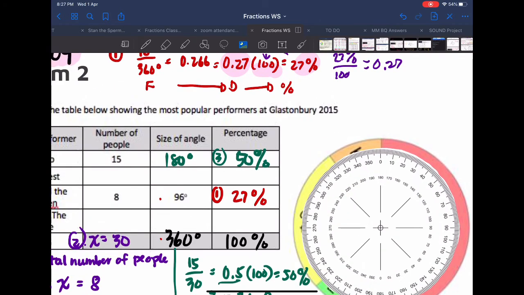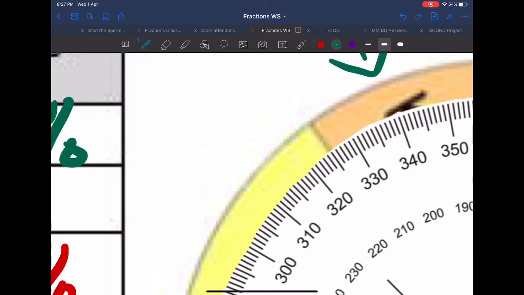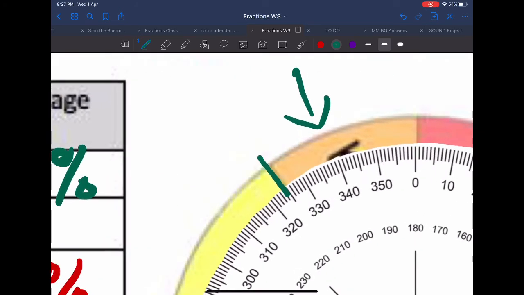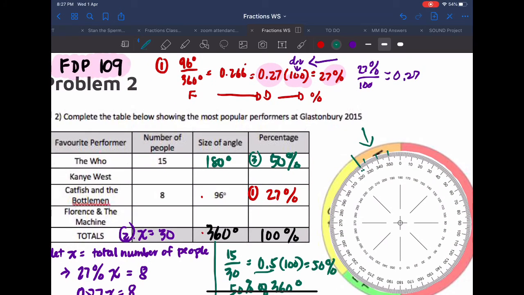This is Kanye. So when we enlarge this, you can see Kanye is about here. And let's count: 10, 20, 30, 35, 36. So by using our protractor, we know that Kanye has 36 degrees.